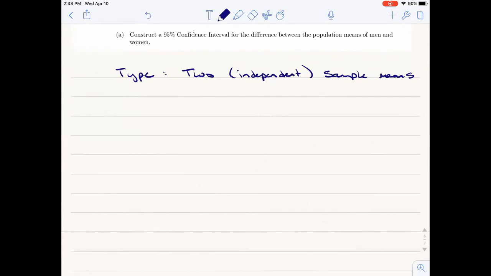So we have to make a 95% confidence interval. And so our formula in general is going to be x1 bar minus x2 bar plus minus t star times the square root of s1 squared over n1 plus s2 squared over n2. You want to be really careful that you're not forgetting any squares or the square root, right?